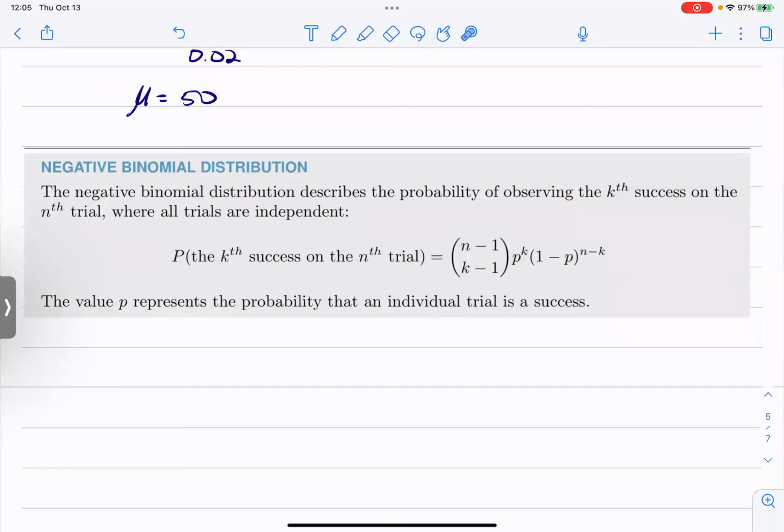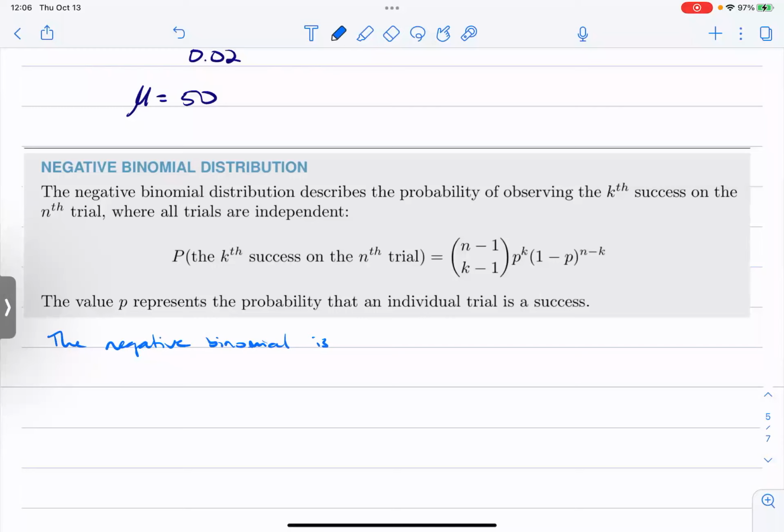So the negative binomial is a more general version of the geometric, right? It's not just the first success. Now we're talking about the kth success, right? If I'm talking about the third success on the 10th trial, then I'm allowing the first and the second successes to happen.